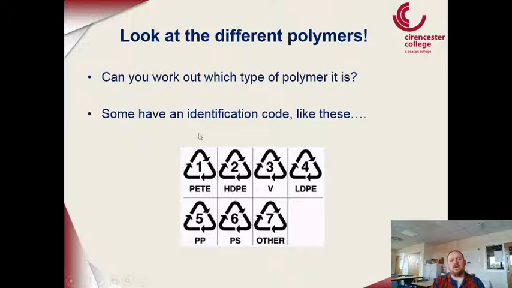So if you look on your water bottle or whatever bottle, you will see that you have these different signs on there, 1, 2, 3, 4, 5, 6, 7. And this tells you what type of polymer you have.